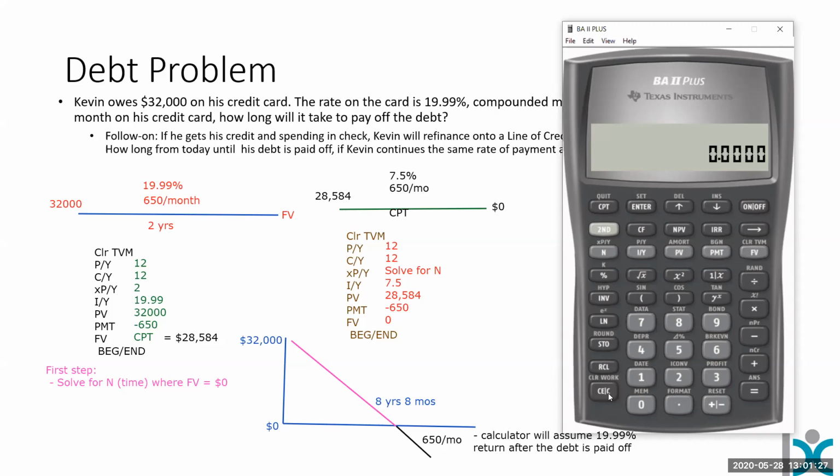So again, same thing. Kevin already got $28,584 worth of, I don't know what he bought in this case, Melanie, Netflix subscriptions and whatever else he's running on his credit card.